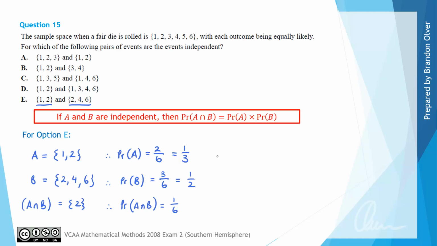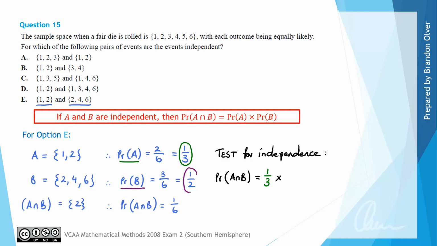So then we test for independence. So here we're going to do the probability of A intersecting B is equal to, and we start with the probability of A, which is 1/3. Then we multiply that by the probability of B, which is 1/2. And we work out that that is equal to 1/6.